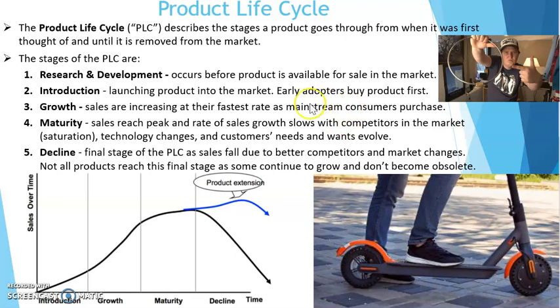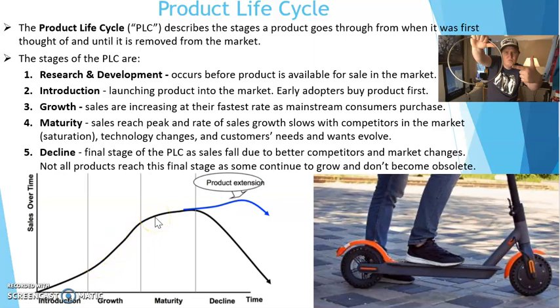And these include mainstream consumers. Consumers like myself who aren't too risky with the products they buy, often look up product reviews and see whether or not it's a hoax or whether it can actually satisfy a need or want. So at that growth stage, sales are rocketing up.